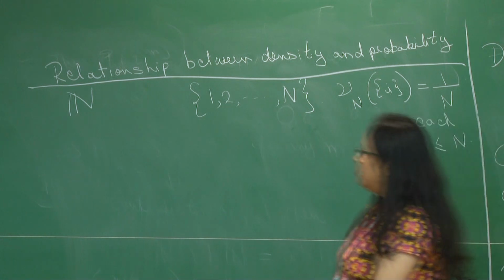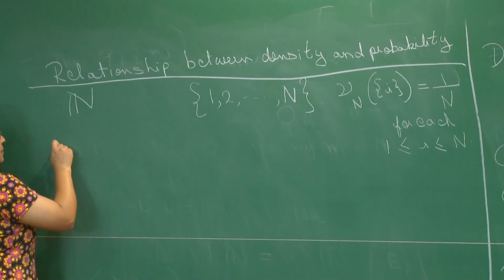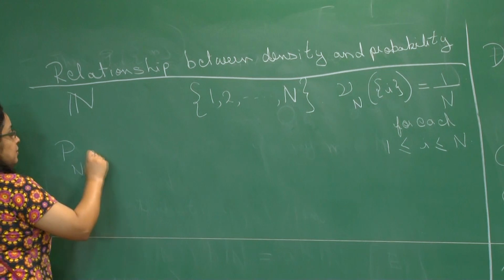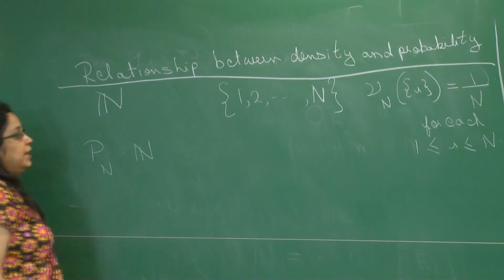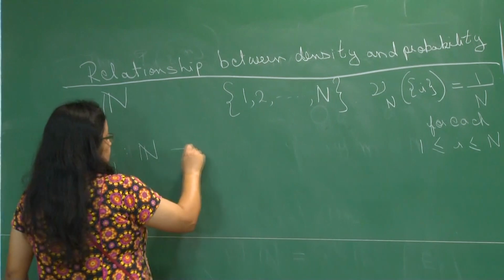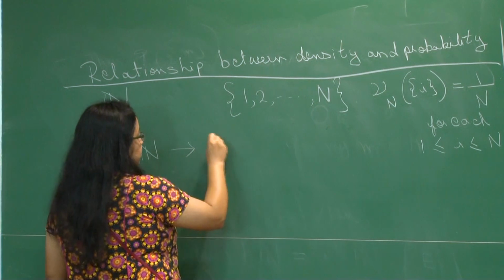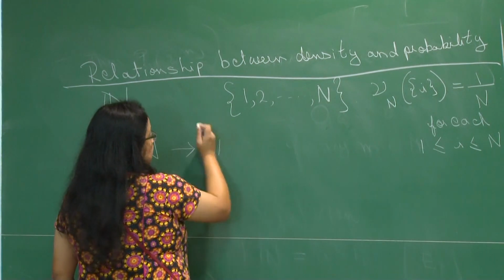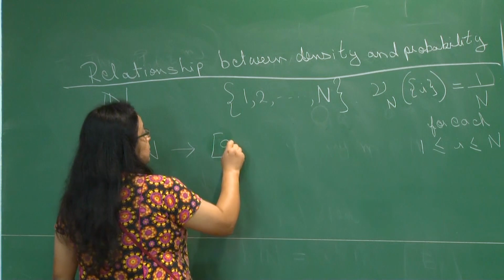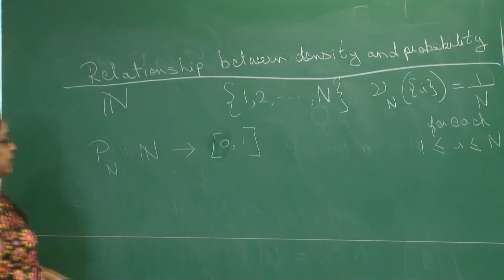What is that? Now define P sub n on the natural numbers as follows.